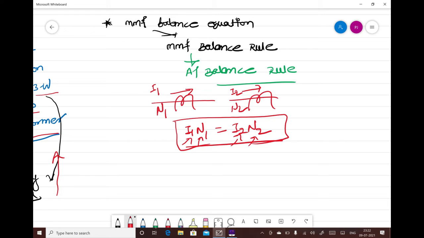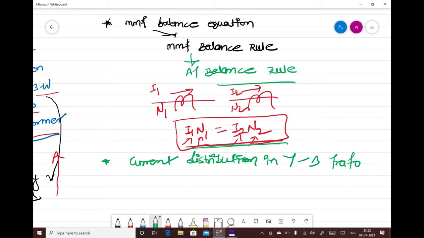So we will use this concept of ampere turn balance for our current distribution calculation. For simplicity, for our case of current distribution in star delta transformer, which we are covering in today's session, our simple assumption is that the number of turns of primary is equal to the number of turns of secondary, or N1 to N2 is 1:1.